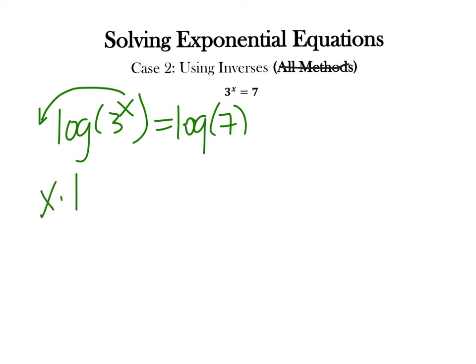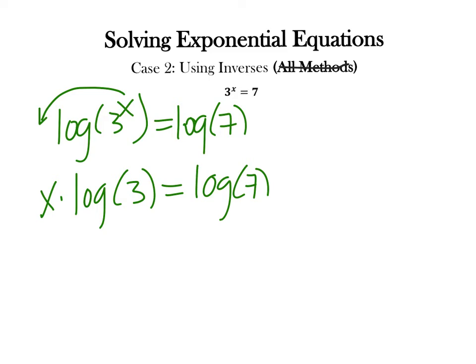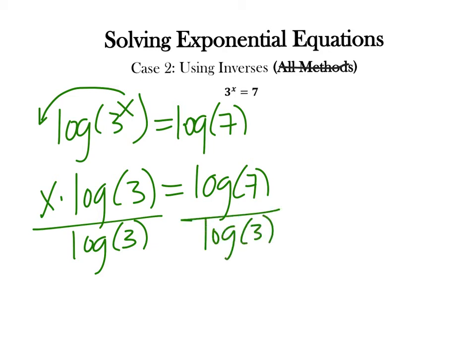X times log of 3 equals log of 7. To solve for x, I'm going to divide both sides by log of 3 because I want to isolate the variable. These cancel, and you're just left with x equals log of 7 divided by log of 3.